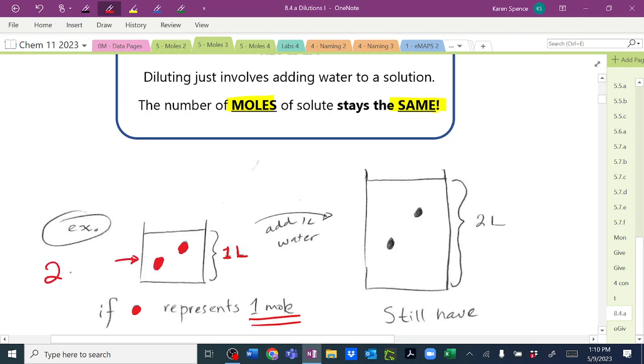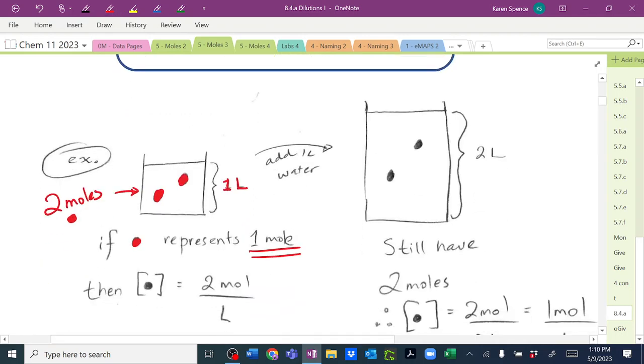I have 2 moles of dots. Yes? Okay, so what is my concentration then? You remember square brackets. What is my molar concentration of dots? I have 2 moles in 1 liter, which is just 2 molar or 2 moles per liter. Okay?